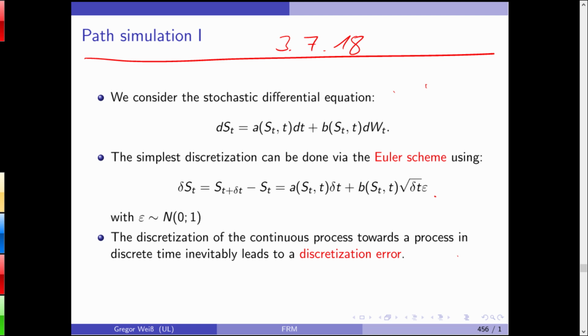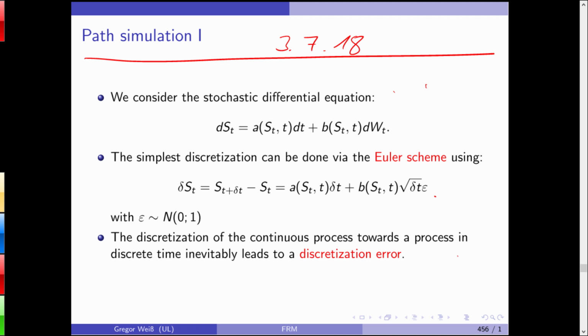Now, the simplest way of discretizing this, of using this process in continuous time and using it in discrete time with discrete changes in time, is via the Euler scheme. That is, instead of dS_t, using delta S_t, and the discrete change is just S_{t+delta t} minus S_t.